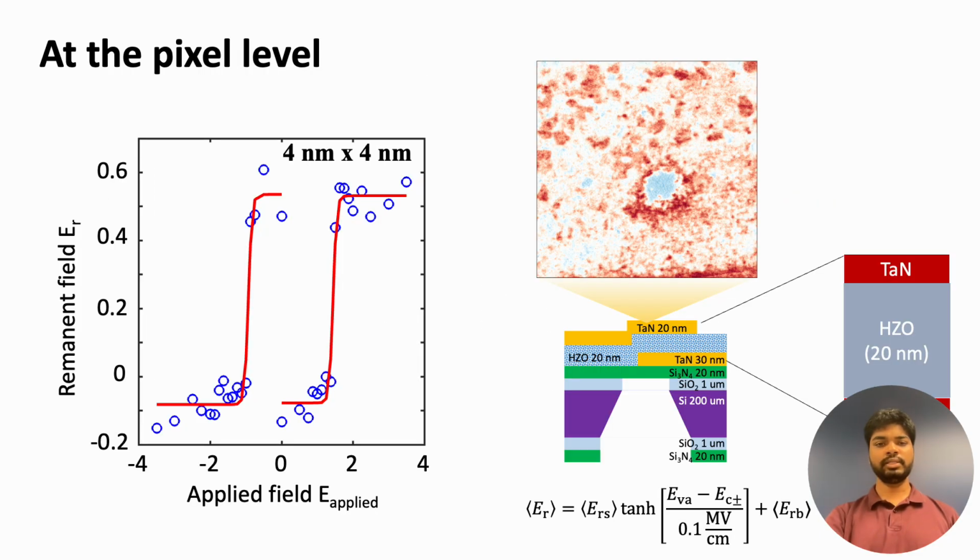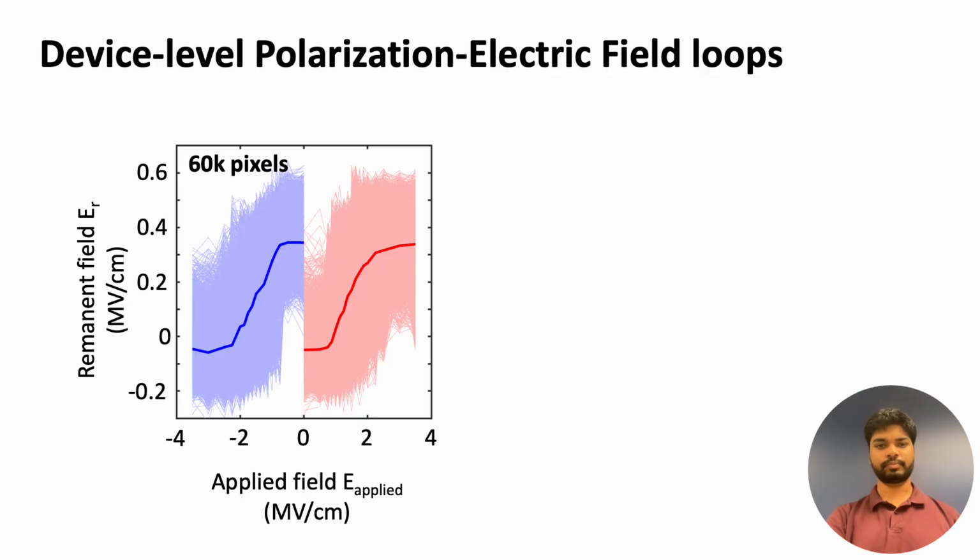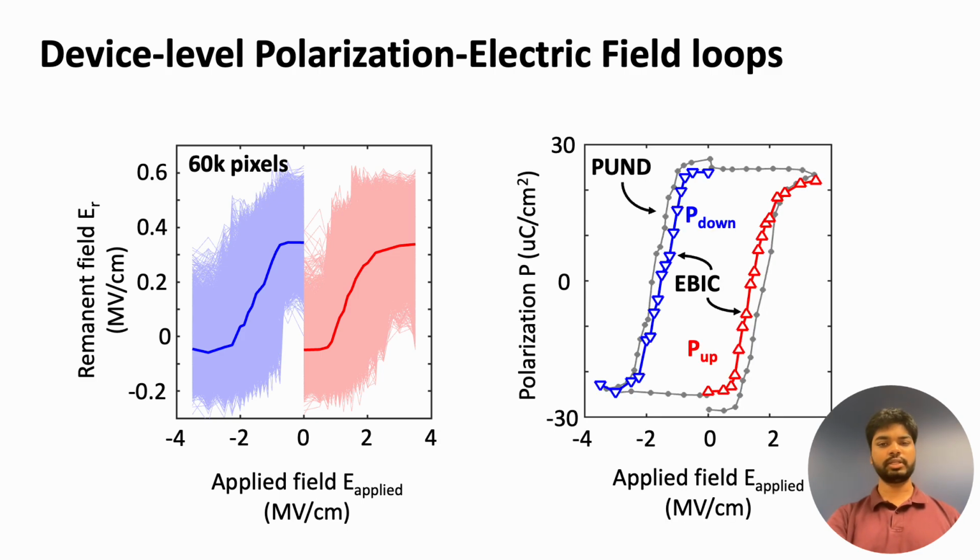These pixel resolved EBIC curves reveal sharp polarization switching, and saturation with no partially polarized states. Multiple pixels can be averaged to derive the PE characteristics of the whole sample. This PE characteristics derived from the EBIC is shown to match the electrically measured PUND characteristics.